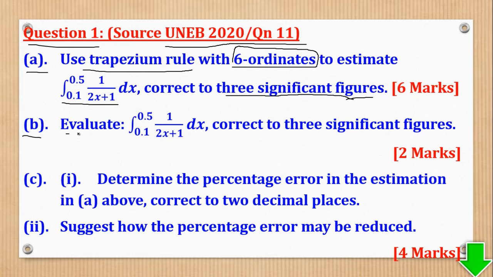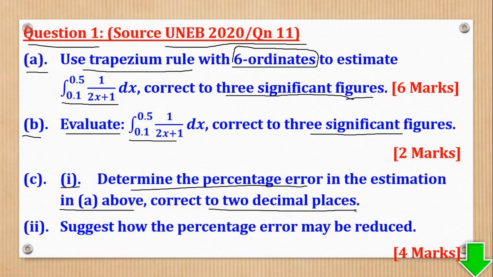Then part B, evaluate this integral correct to 3 significant figures. Then part C, Roman 1, determine the percentage error in the estimation in A above correct to 2 decimal places. Then Roman 2, suggest how the percentage error may be reduced.